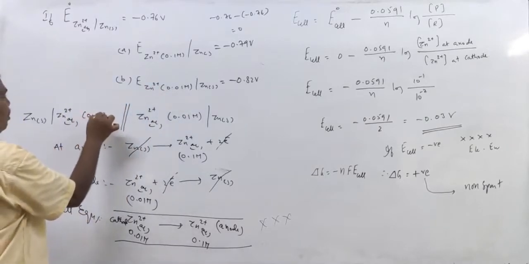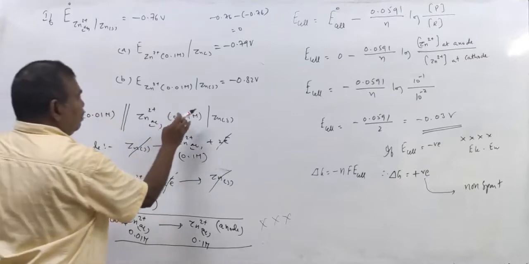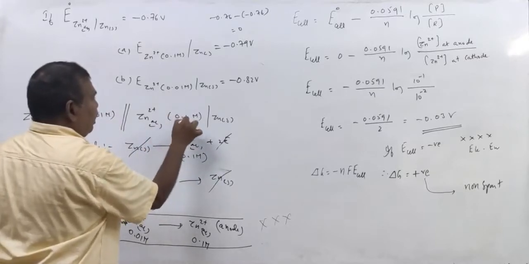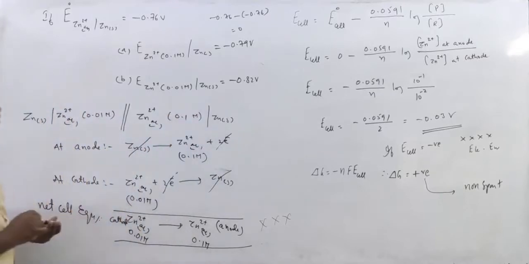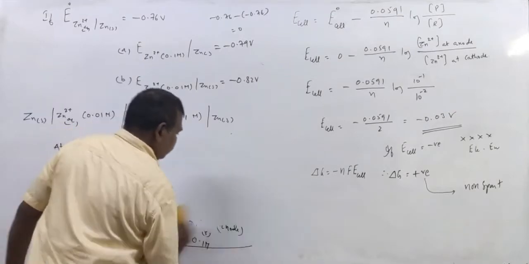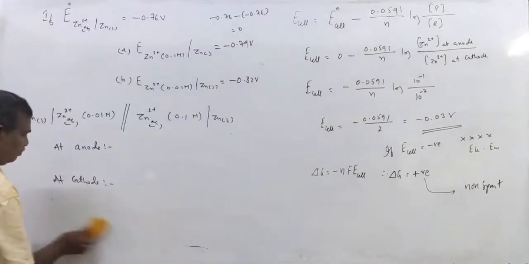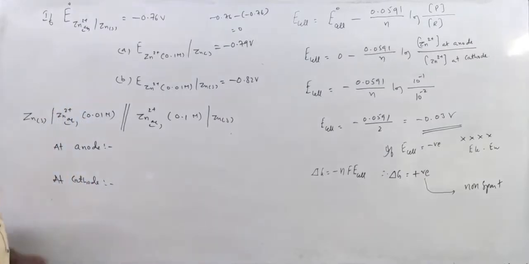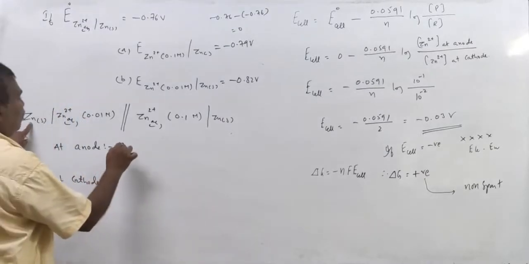So, this is 0.01 molar and this is 0.1 molar. Now, what would be the reaction at anode now?